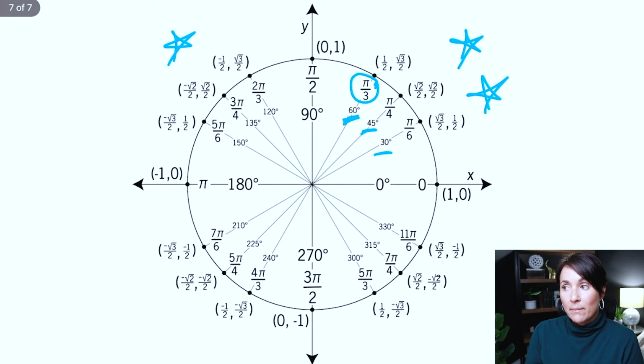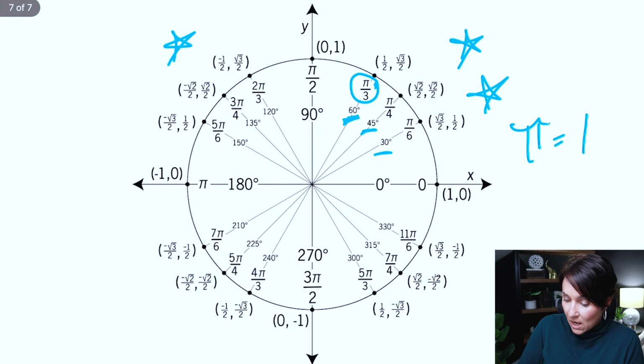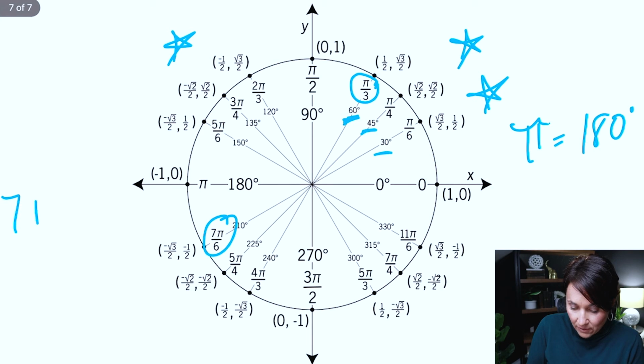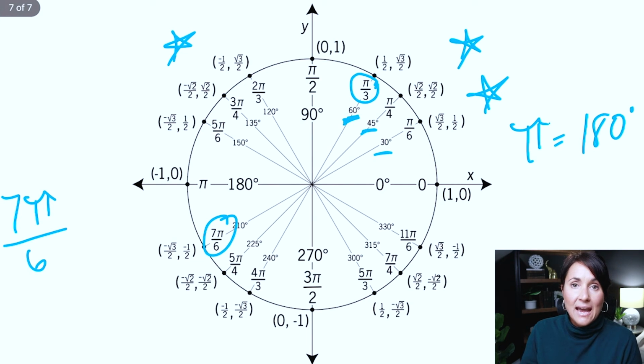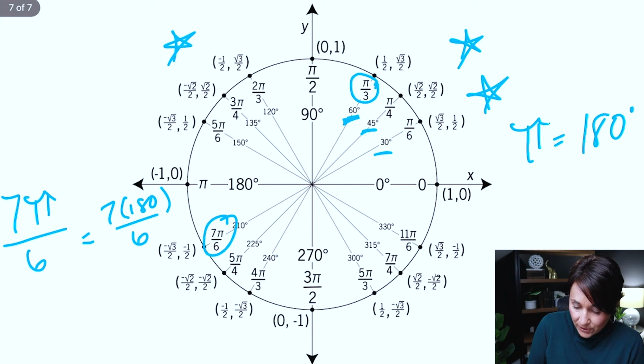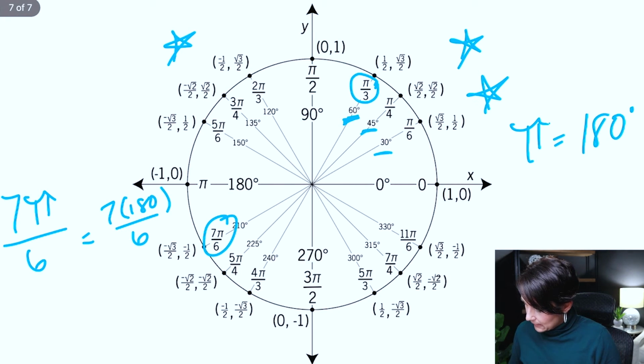All right. And remember, you're going to want to use this unit circle. You can actually kind of memorize these pretty well. Just remember that pi represents 180 degrees. So let's say you're here, 7 pi over 6. Let's say that was your y coordinate. Well, all you do is do 7 times 180, and you put that over 6, which would be 180 times 7 divided by 6.